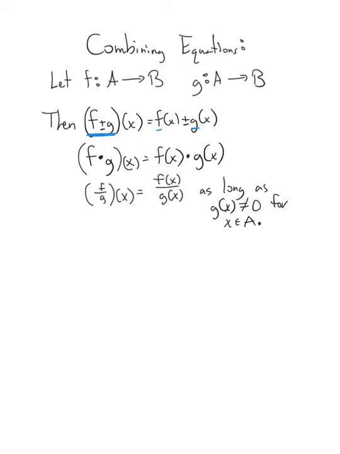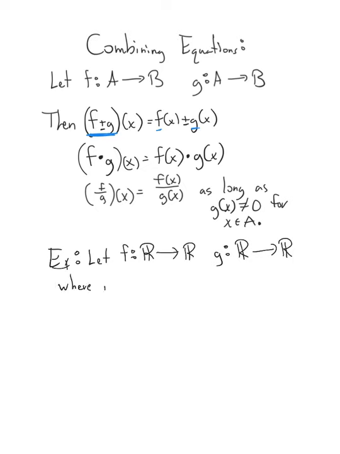So let me give you an example. Let f be a function from the reals to the reals, and let g be a function as well, again with the same domain and codomain, the reals to the reals. And let me tell you what these functions do.